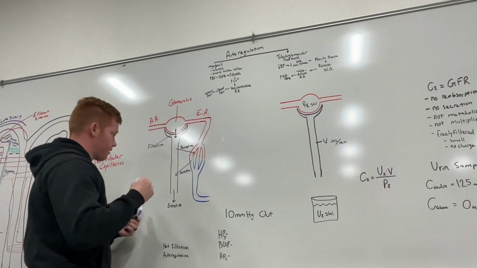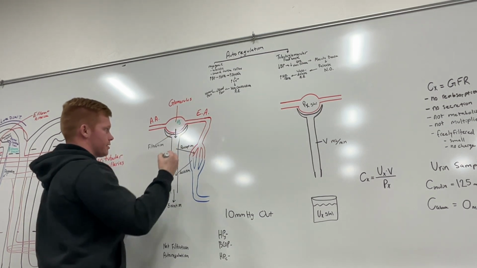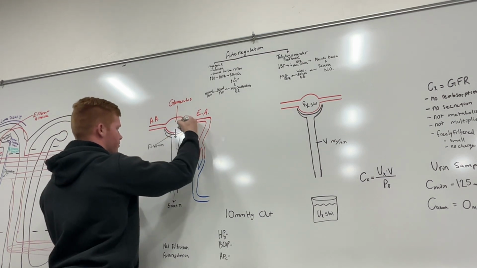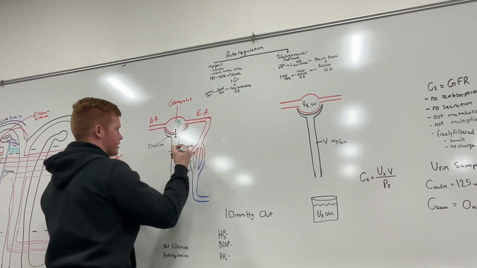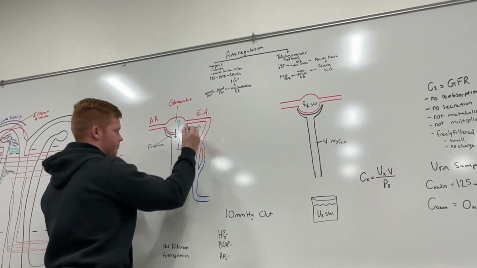So we have a hydrostatic pressure for the glomerulus, and that's pushing out down into Bowman's capsule at 50 millimeters of mercury.